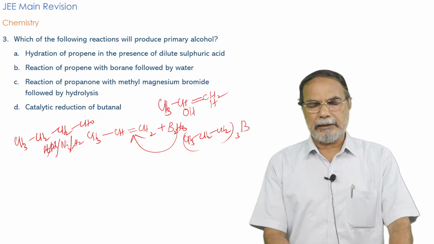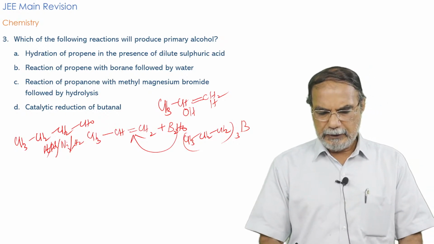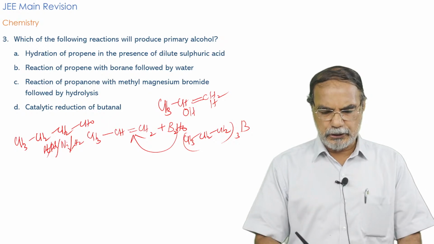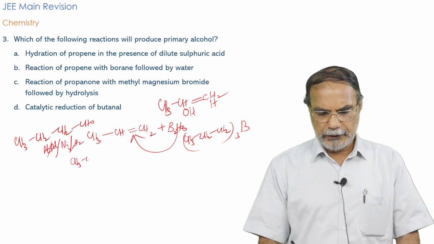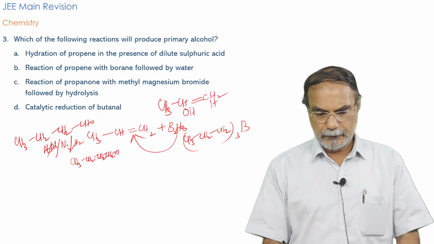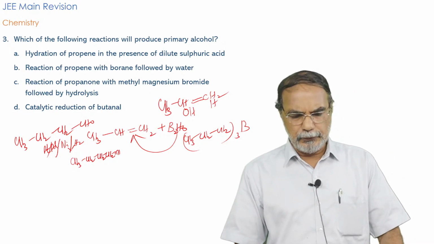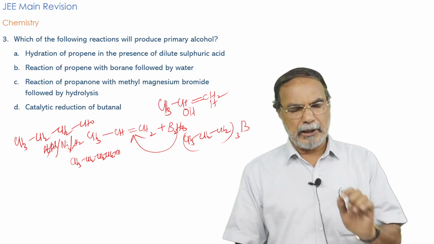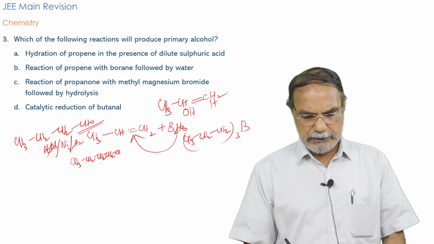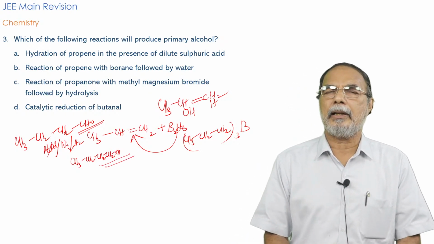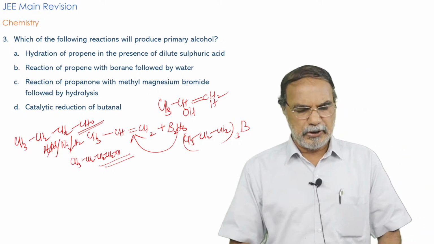A metal catalyst like one of these will reduce this compound CHO to CH3CH2CH2CH2OH. That's a very simple reaction which is already known to you. Aldehydes are reduced to primary alcohol. So the catalytic reduction of butanal is the correct option for this question.